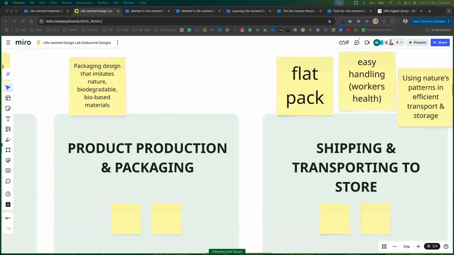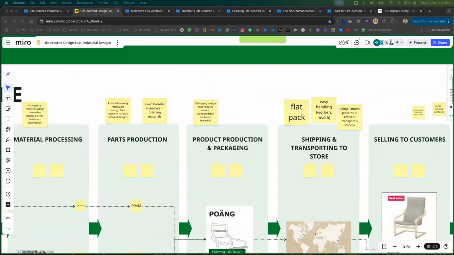Then in packaging and shipping, I think it's important to have the possibility for flat pack shipping, because the supply chains are very global and most of the time companies are just transporting air around, and that could have two effects.